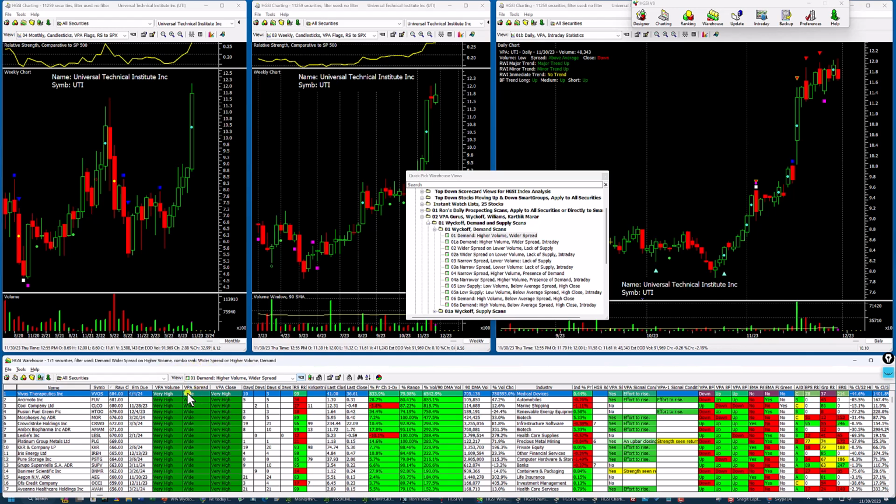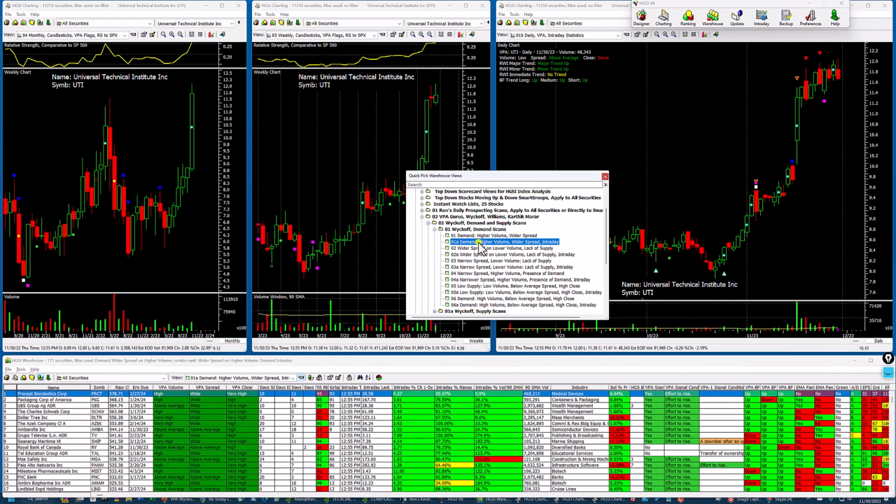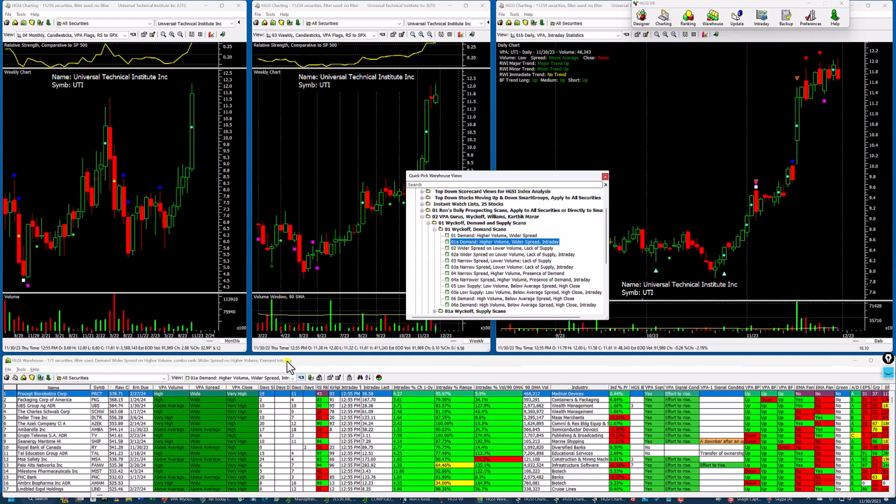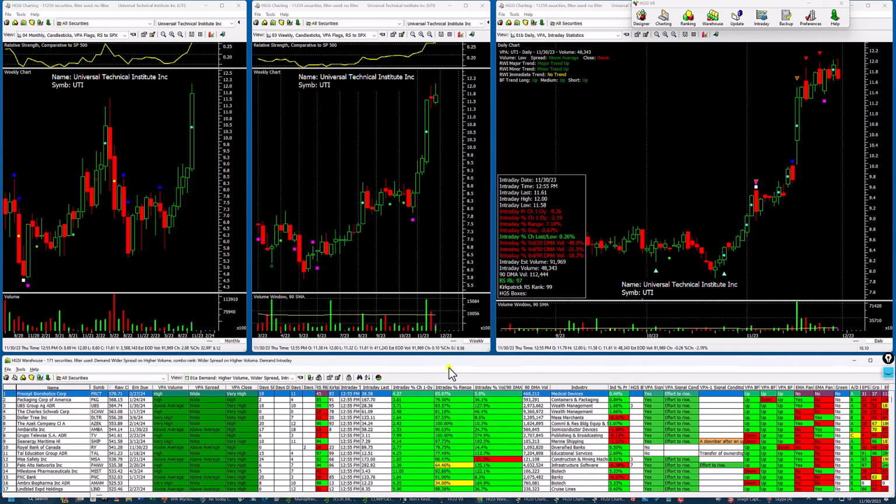This is at the end of yesterday, but since we're intraday, I'm going to use the intraday version of this. It's the same filter, but it uses a different combo, and this combo is wider spread on higher volume. It's called demand intraday, and what it does is sort these stocks according to that demand.